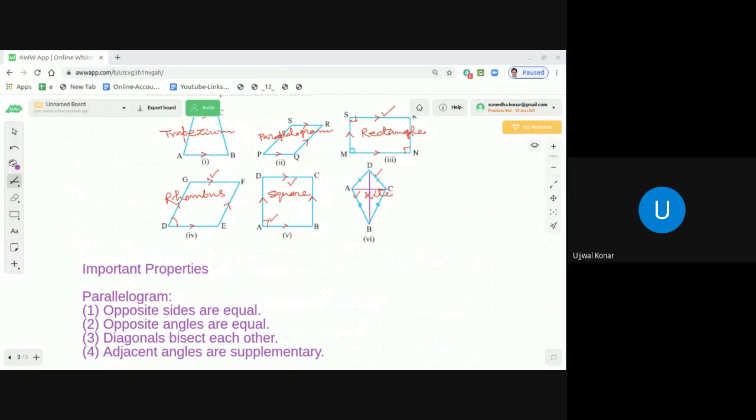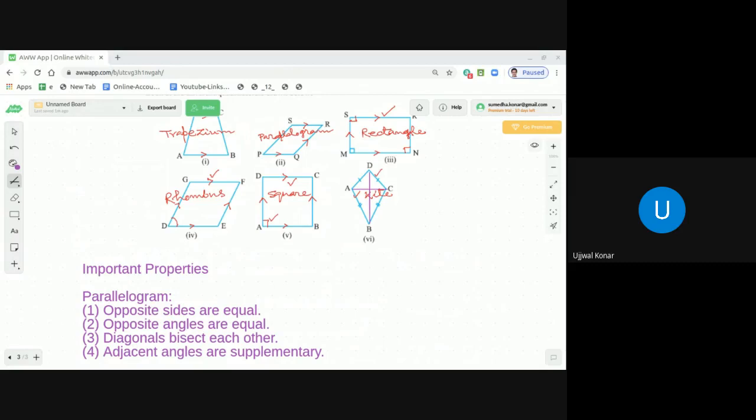All the statements I'm going to say are correct, but a correct statement doesn't mean that you always need to say yes. If you say no, that doesn't mean the statement is wrong. It means maybe your idea is not clear. So you should say, sir, explain me all these properties.